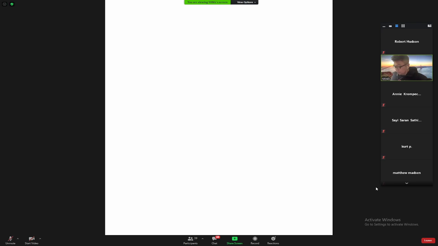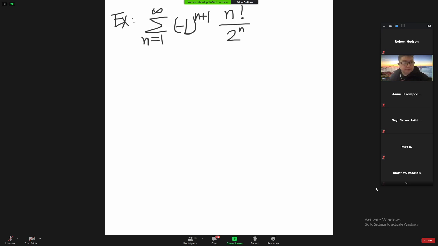Okay, I see a very good example. Let's just try one more, and then we keep going. The sum for n from 1 to infinity of (-1)^(n+1) times n factorial over 2^n. How do we justify this one? For this one, I will never give you any hint.